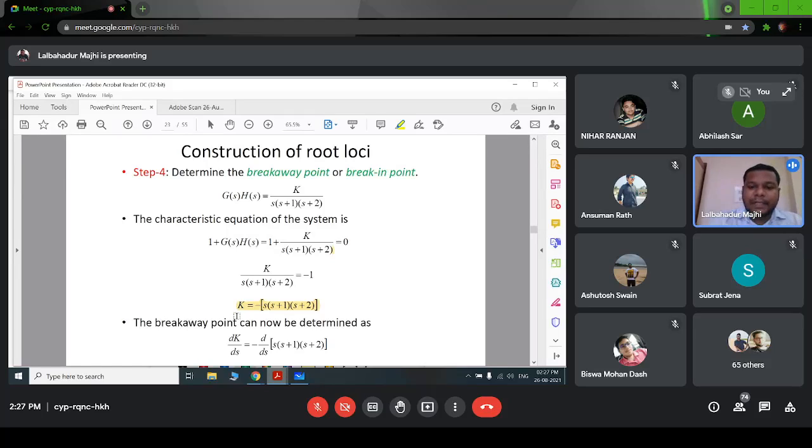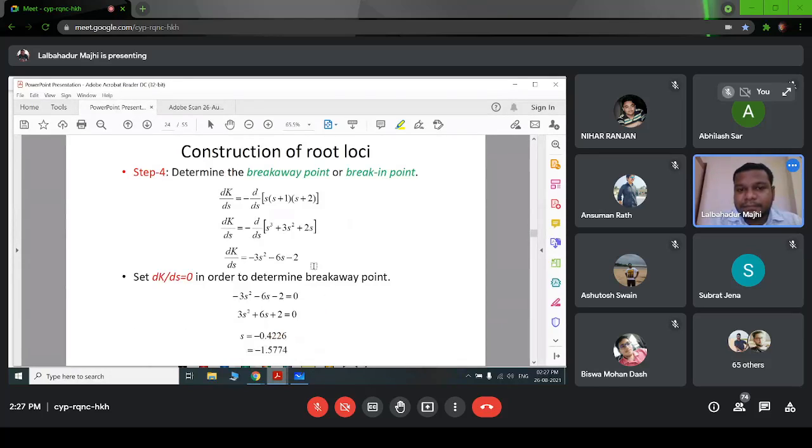Clear? So now we have to do dk by ds. So minus d by ds of the value of k. We will get dk by ds equal to 3s square plus 6s plus 2, or you can say minus 3s square minus 6s minus 2. We have to make dk by ds equal to 0 to determine the breakaway point.